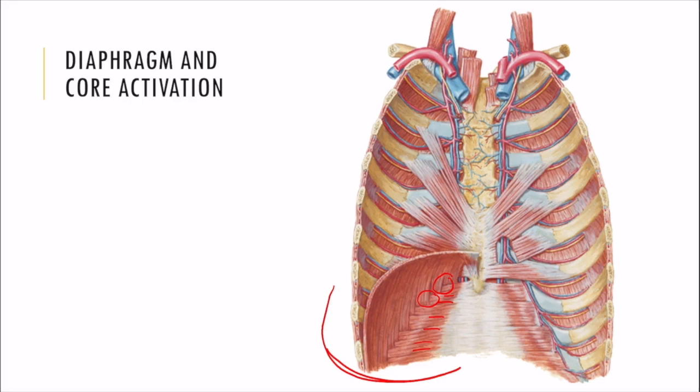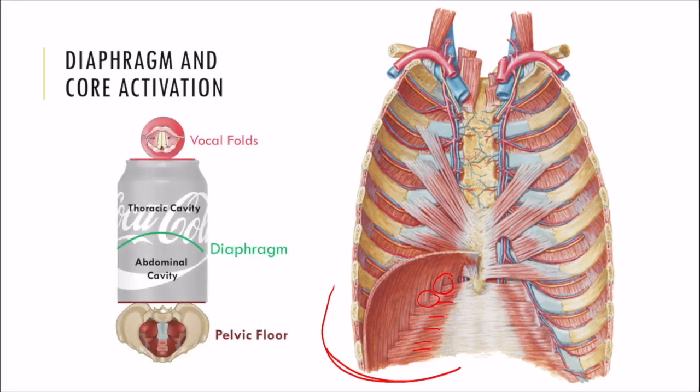It is so cool. And the TA, if we put our soda can back up, some of you might have thought of this when I was mentioning that if we just close it at the top and the bottom, everything is great. But of course, we also need stability around the can. And the transverse abdominis wraps around the bottom of that can.